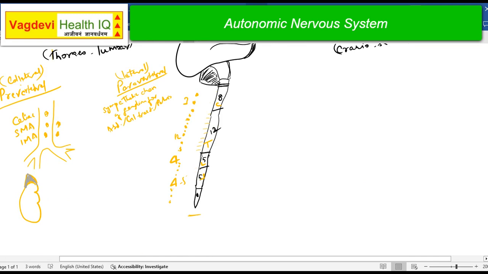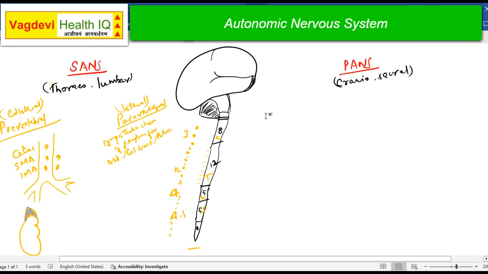Cranial nerve 3 means oculomotor. Number 7 means facial. Number 9 means glossopharyngeal. And number 10 is vagus. So you can see where it comes from.